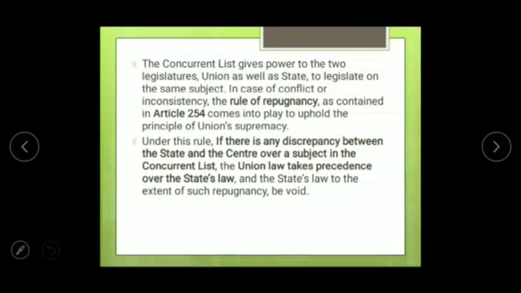What is important is that both the Union and state governments are competent to legislate on these subjects in the Concurrent List. And if there is a conflict between central law and state law on a subject in this list, then normally union law should prevail, which I'll be telling you later.